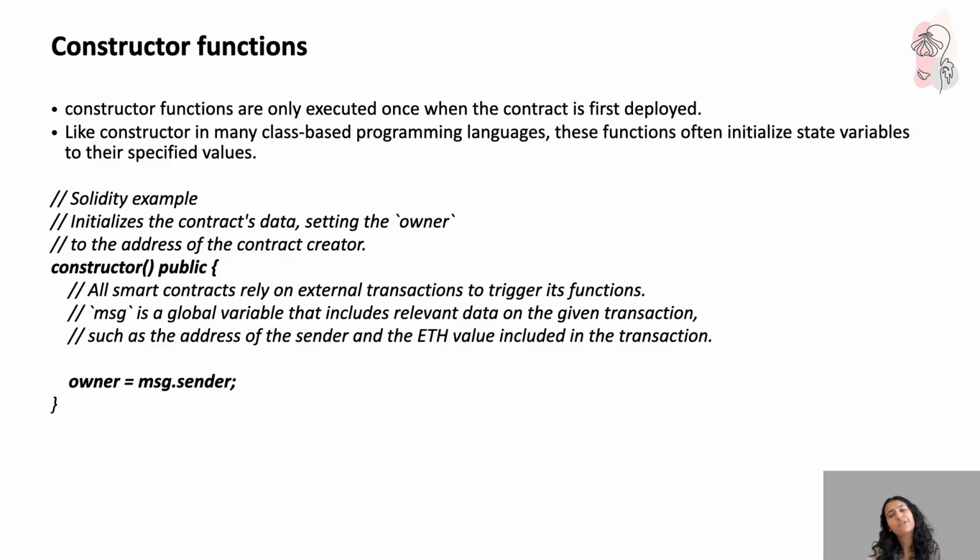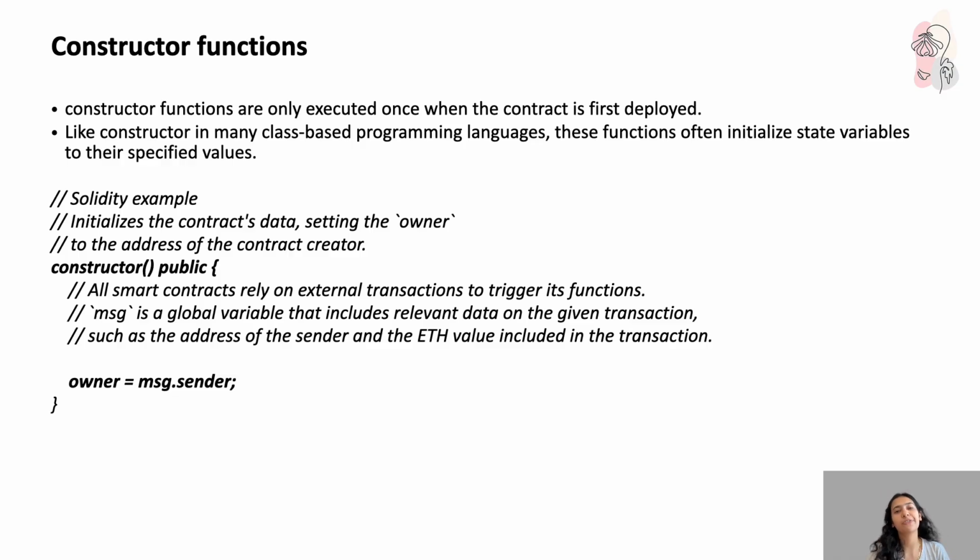Constructor functions, we've talked about them in the previous lecture as well. Constructor functions are only executed once, when your contract is first deployed. Like constructors in many class-based programming languages, let's say C++ or JavaScript, these functions often initialize state variables to their specified values. Class-based programming language is not C, but C++. C is your structure-based programming language.